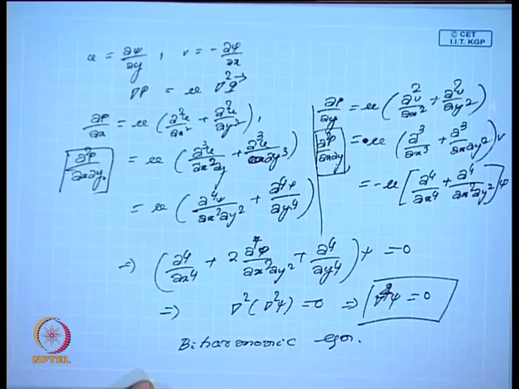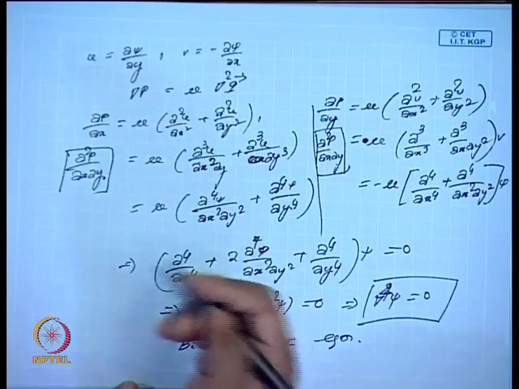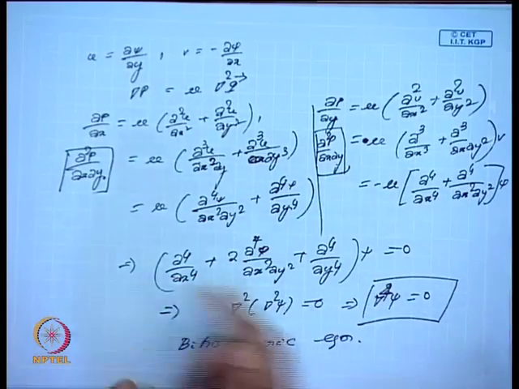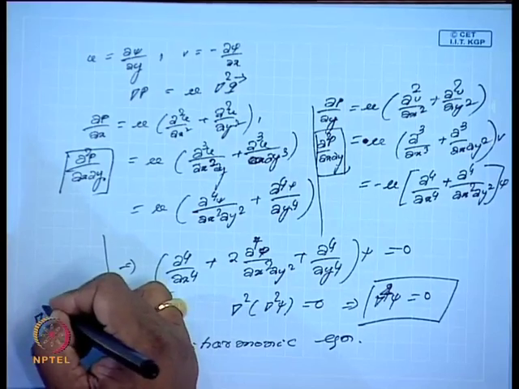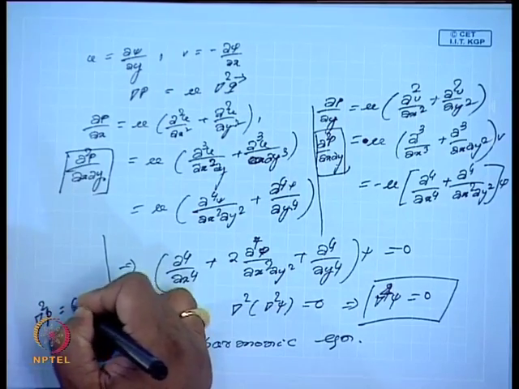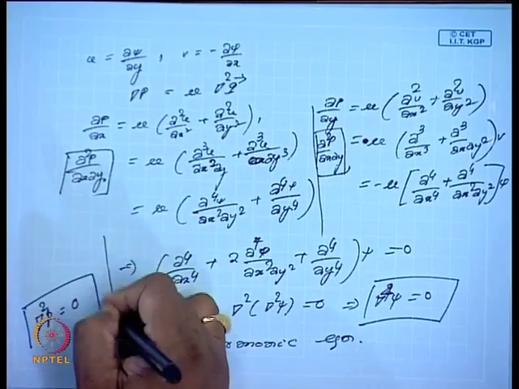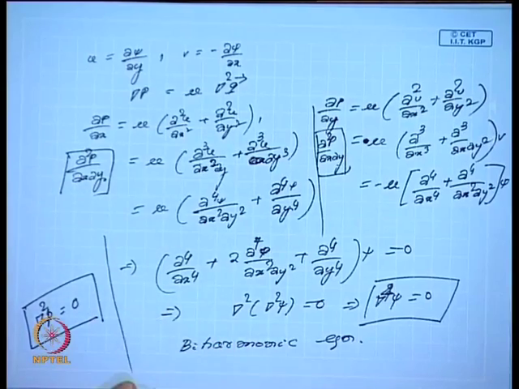In the same way, if you eliminate q from the equation of motion, it can be seen that p also satisfies del square p equal to 0. That means the pressure satisfies the Laplace equation, and the stream function satisfies the biharmonic equation.